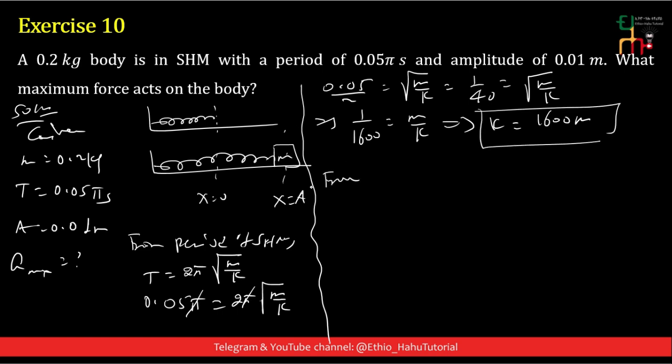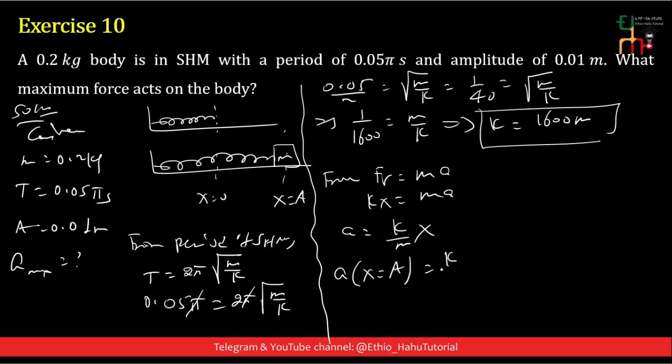From dynamics of particles, the restoring force is equal to mass times acceleration. But the restoring force is k times x, which is equal to mass times acceleration, and acceleration is equal to k over m times x. The acceleration is maximum when x is equal to a.